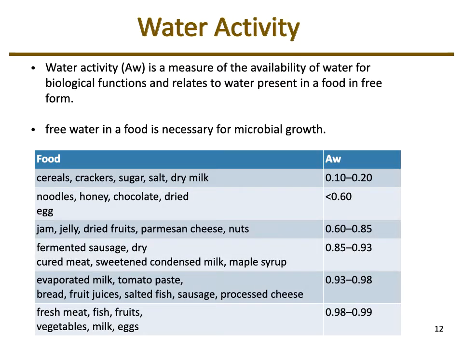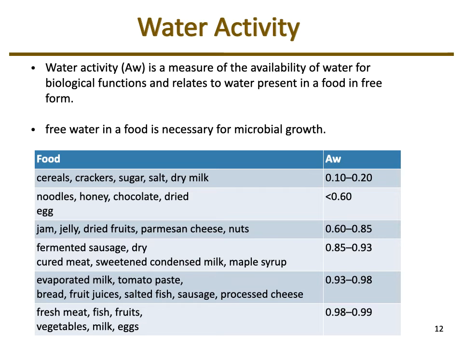The next intrinsic factor is water activity. AW, or water activity, is the measure of availability of water for biological functions. And for microbes, this means, can they grow? Microbes are going to require free water in order to grow. So if that is present in the food, it's more likely that microbes can grow on it.